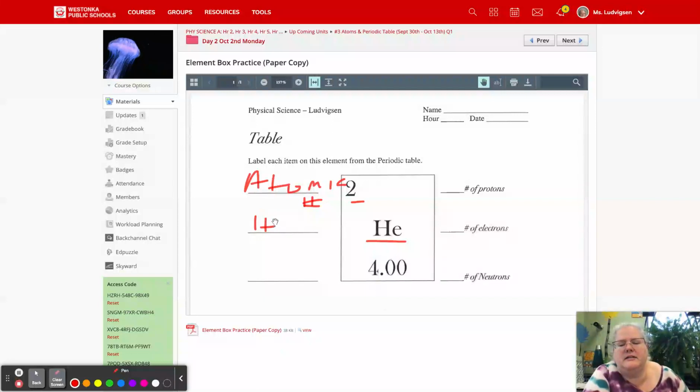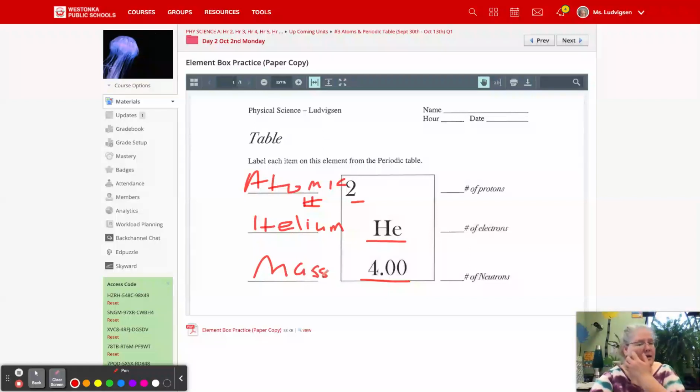So we fill that in as helium. And last but not least, 4.00, that's the one with the decimal. So that is our atomic mass.